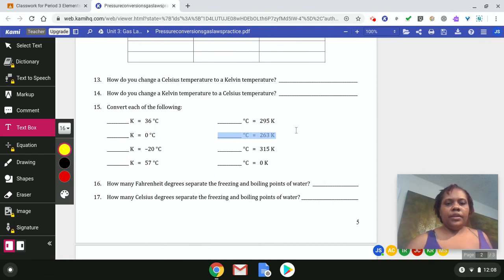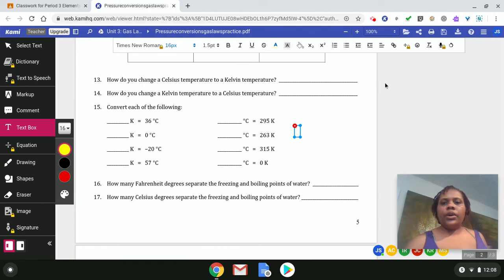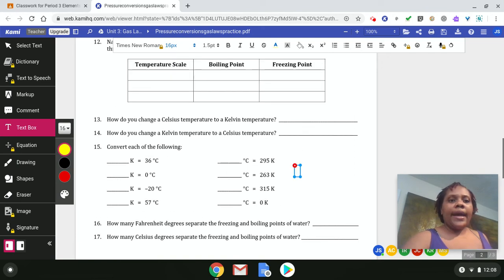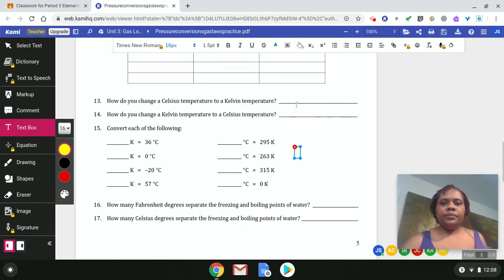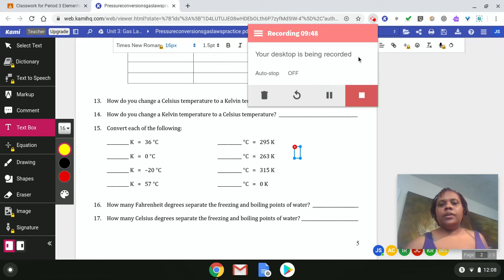See? Did that do it? No, it didn't. Hold on. Let me see where my highlight button is. This is what happens when you're trying to do something quickly. Okay, so I can't find my highlight right now.